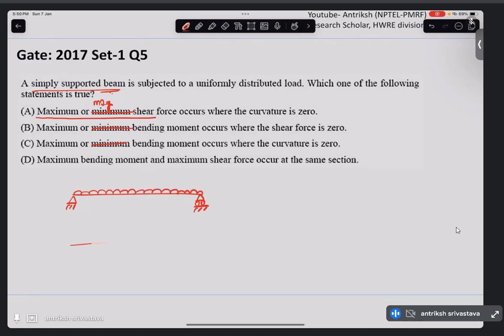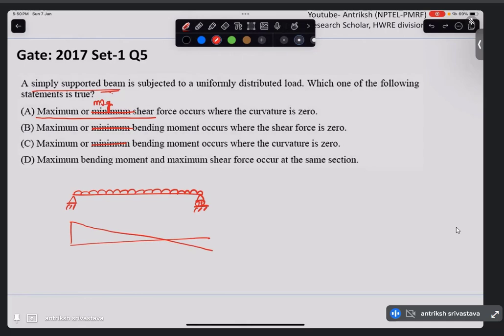I'm not going into the detail, but if you draw the shear force diagram, it is going to come out like this. Just a minute. Yeah, it is going to come out like this. It is a straight line with 0 in the middle of the beam.